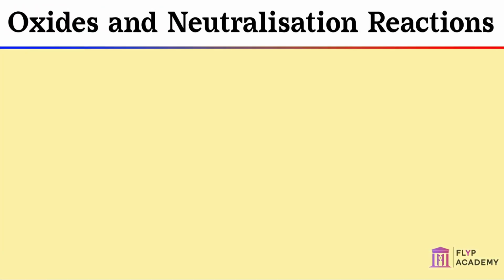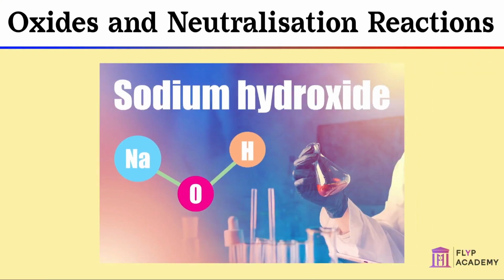The Bronsted-Lowry theory of acids and bases describes the acid-base equilibrium as a proton, H+, transfer. Acids are substances that can donate H+ ions, while bases can accept H+ ions.